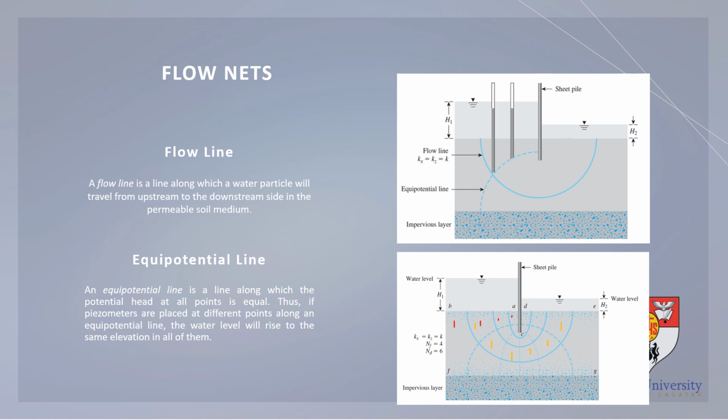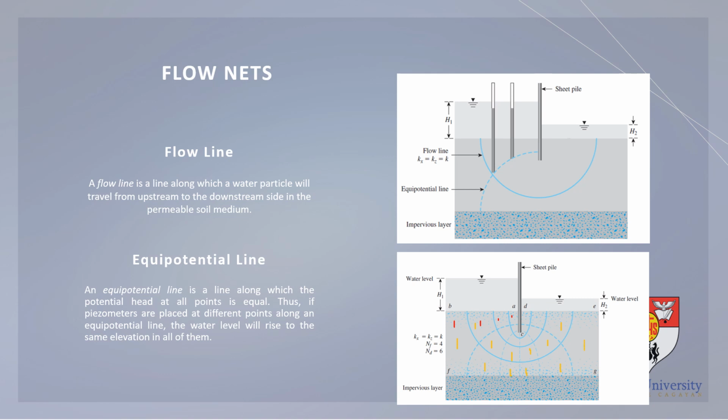So it is the same for each flow channel, each NF. Each flow channel has the same number of squares, which is the number of drops, or number of equipotential drops. So if you are going to refer to this outer flow channel, we count here for the number of drops. You have 1, 2, 3, 4, 5, and then 6, no?